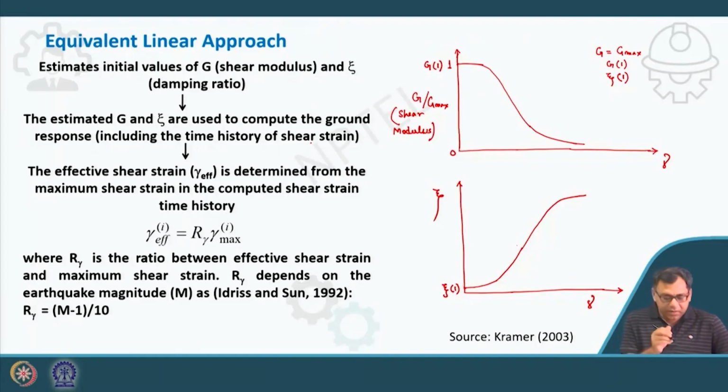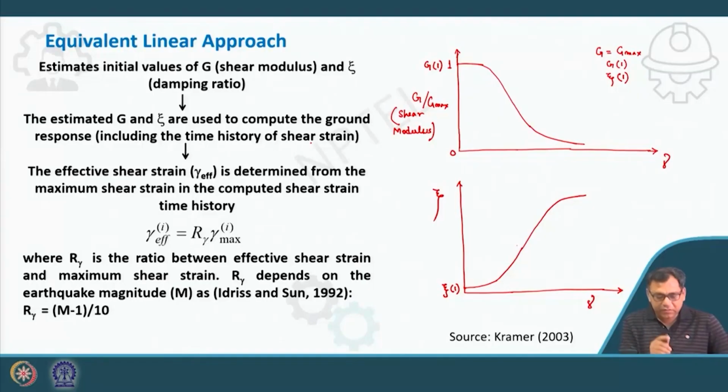Now the effective shear strain is determined from the maximum shear strain in the computed shear strain time history. So we will get that shear strain time history for that particular soil, and from there I can get the maximum shear strain. Now that maximum shear strain can be utilized to get the effective shear strain.